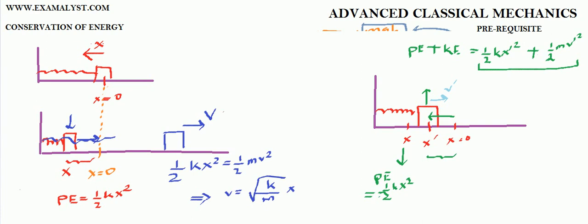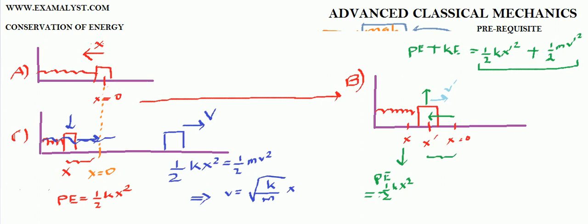So when you go from position A, when the spring was completely attached, to position B, and then let me write it as C, when the spring was completely detached, in between there was a position B when the spring was neither completely attached nor completely detached. At position B, it has both kinetic and potential energy.